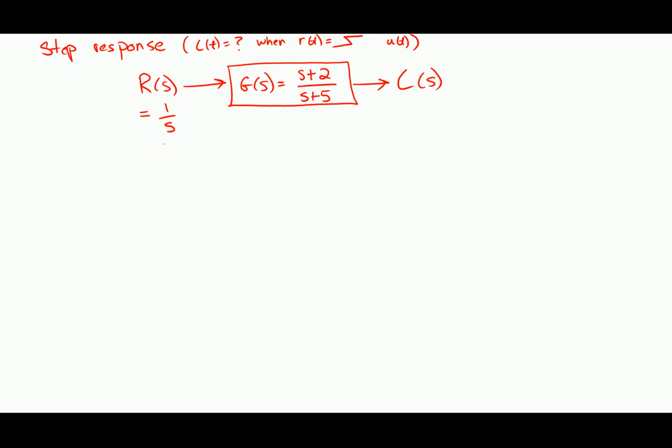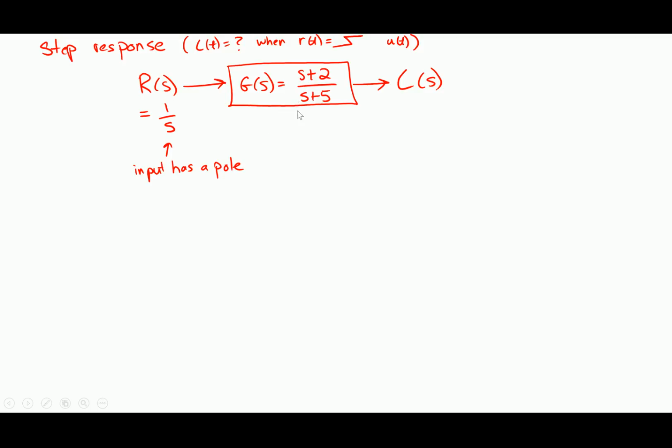Okay. So what that says is in this case, my input has a pole. In other words, the input has a value of S that makes it go to infinity, right? So I've got one pole in my input, one pole in my transfer function.